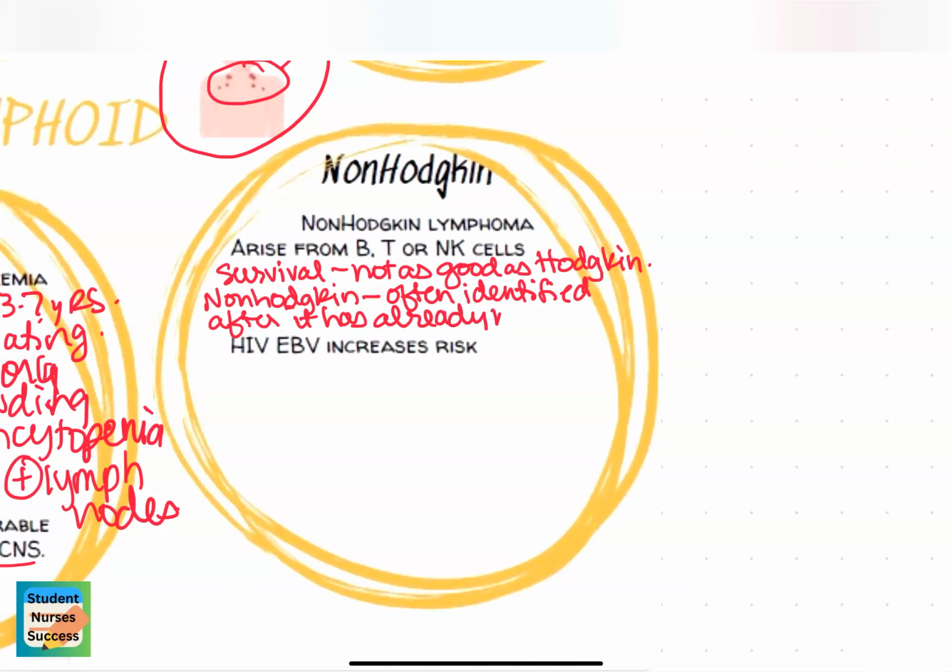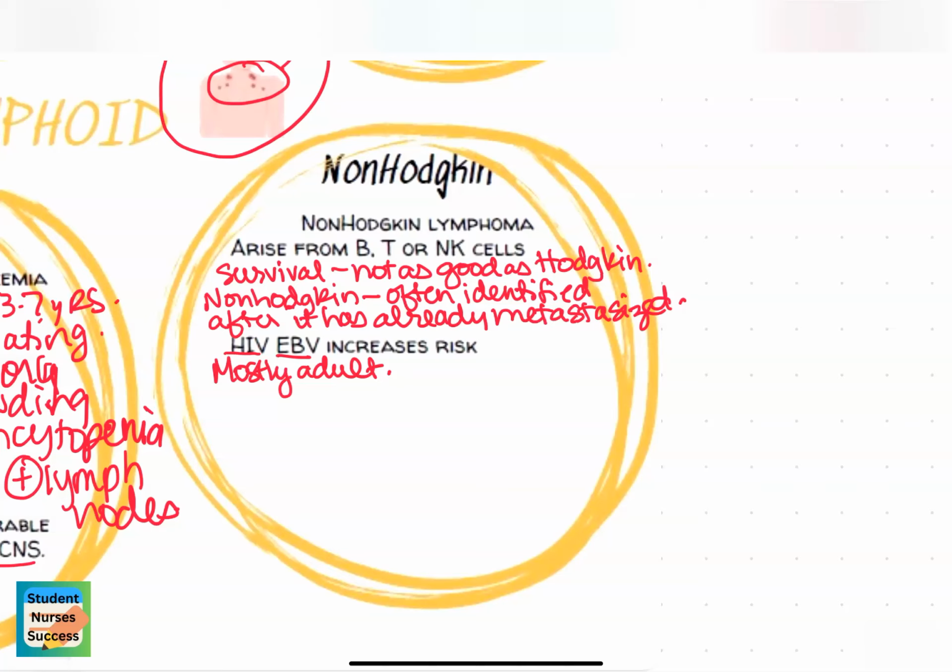And remember, our name for spread is metastasized. We mostly see adults get non-Hodgkin's, although I have seen my share of children have it as well. We know that the viruses HIV and Epstein-Barr increase the risk of it.